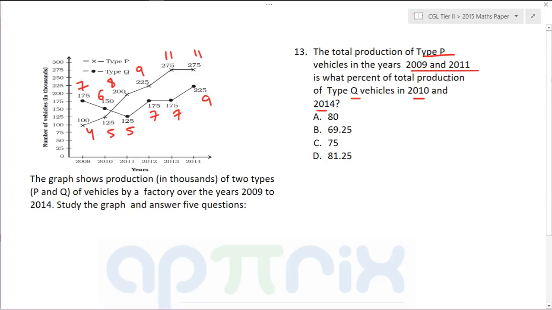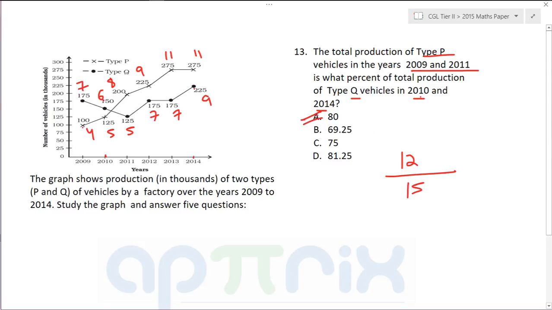So for P, 9 is 4 and 11 is 8, so 4 and 8 will be equal to 12. You have to find this is what percent of 10 and 14 for Q. So 10 is 6 and 14 is 9, so I am getting 15. Tell me what I have written is right or wrong. It is perfectly right.